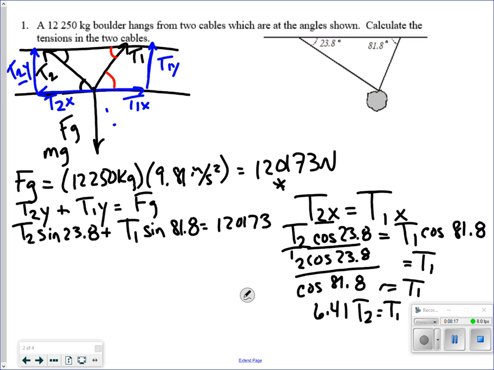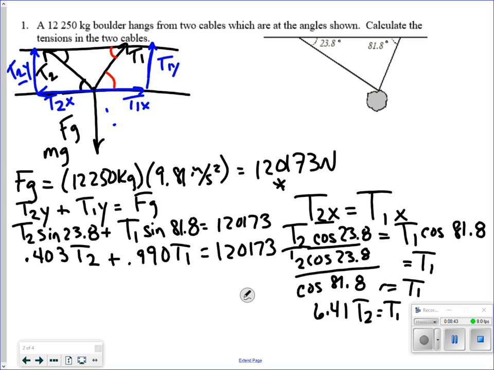Okie doke. Now, let's just do this a little bit differently. 0.403 T2. I will be happier when I am in decimal land. That is where physics people like to live. Plus 990 T1 equals 120173.